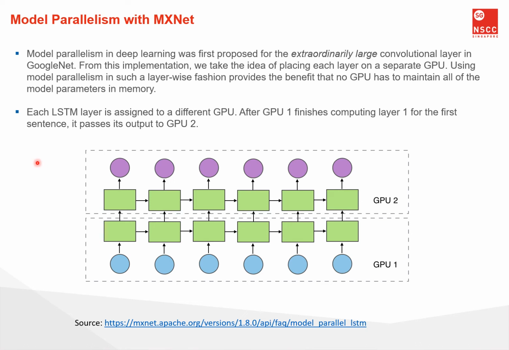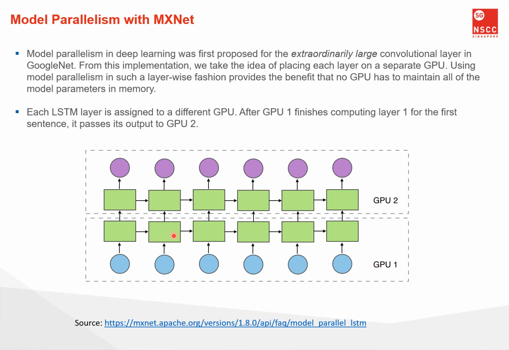Now the diagram below shows another model parallel network, and this is actually not a convolutional neural network. This is what we call a recurrent neural network using an LSTM design. Each LSTM layer in this case is assigned to a different GPU. The LSTM layer for the top one is assigned to GPU 2, and the LSTM layer for the bottom one is assigned to GPU 1.